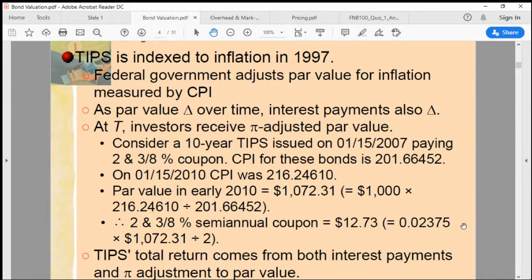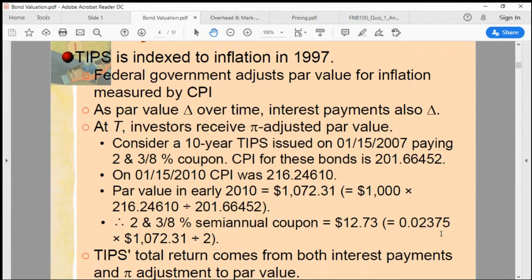If the par value is $1,000, it will be $23.75 a year. And semi-annually, that's going to be $11 something, or $12 something, right?